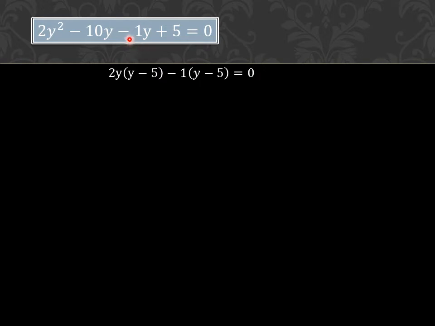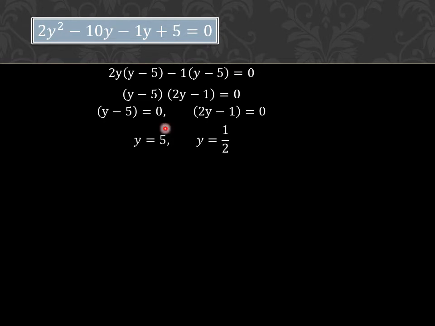As we have taken minus as a common sign, that's why we have changed that plus to minus. Now we have to write the same bracket once and the terms outside the brackets in one bracket. Then we split the 2 brackets and both will be equal to 0. Solving it for y, we get y equals 5 and y equals 1 by 2. Now is this the answer?